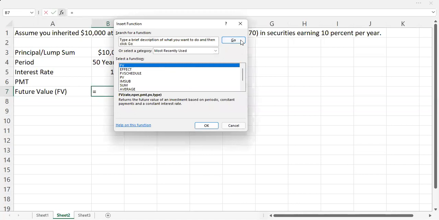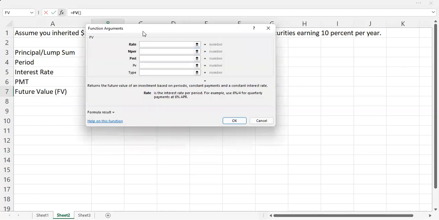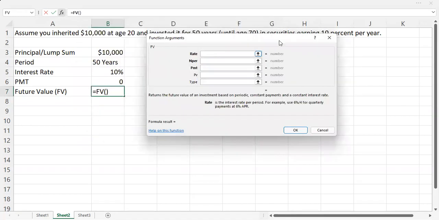The FV function allows us to return the future value of an investment based on periodic, constant payments and a constant interest rate. So let's use that. For the important fields, we select rate.